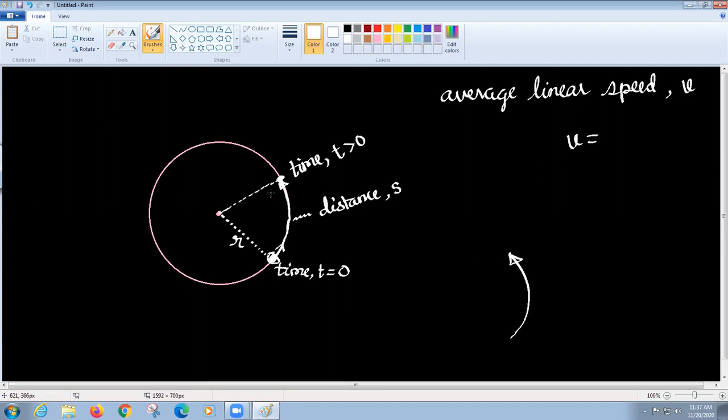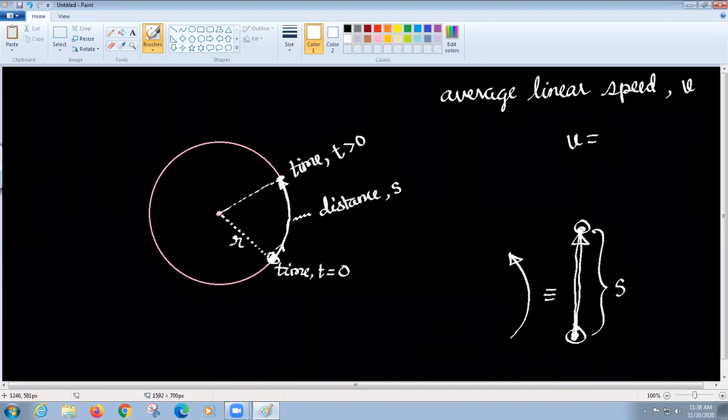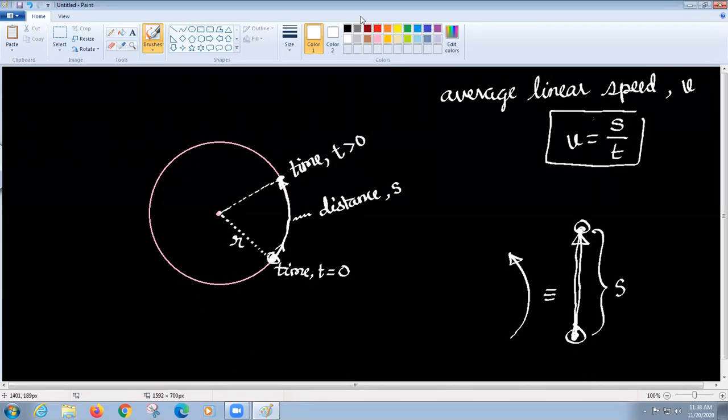In linearity, I just make it a straight line like this. I have covered the distance; initially I'm here, now I'm here. This is my displacement. In time t, I move from here to here, so I can say s by t. This is a general idea.